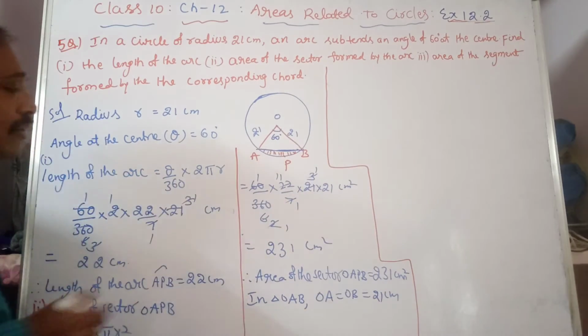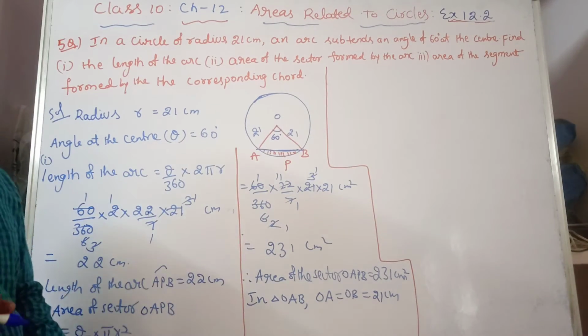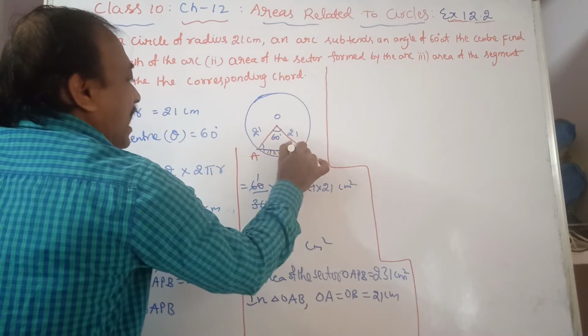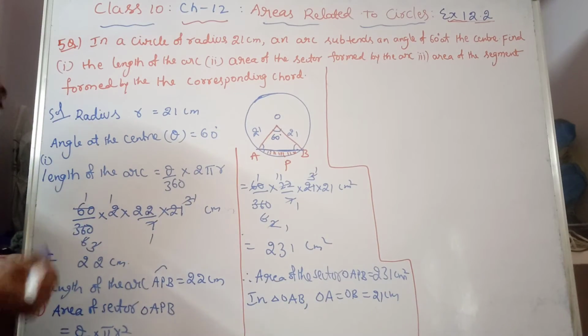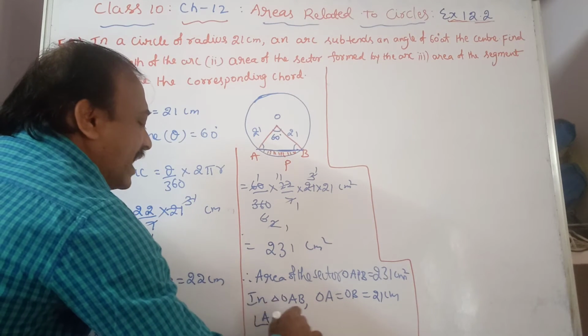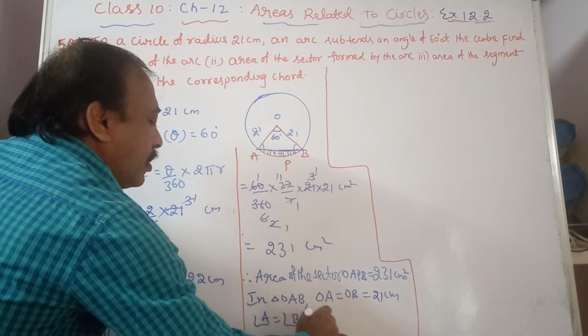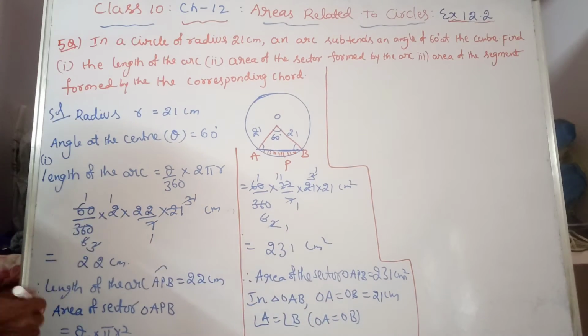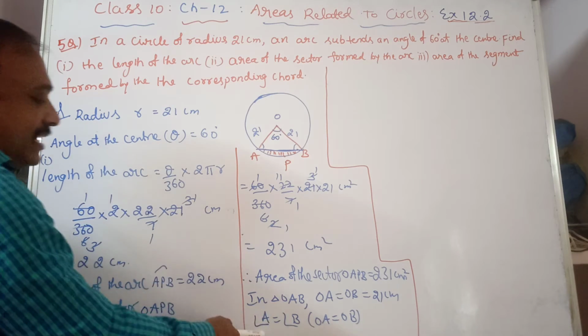So it is an isosceles triangle. In an isosceles triangle, angles opposite to equal sides are equal. So angle A is equal to angle B. Reason: as OA is equal to OB, angles opposite to equal sides are equal.